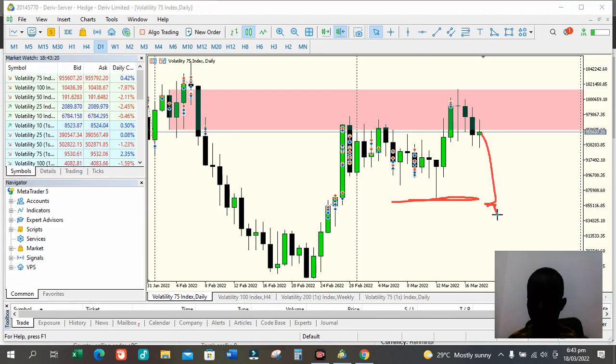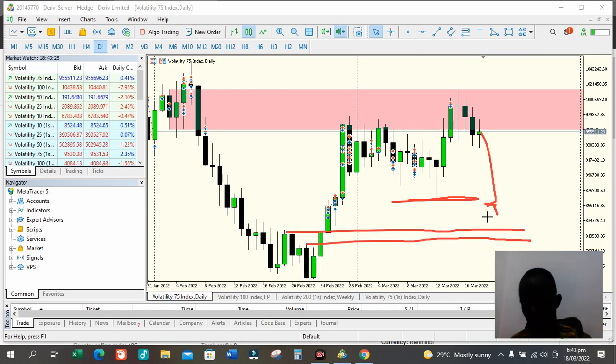When it breaks this low, I don't know whether it stops at this level or just after this level, I'll see where it goes. I want it to trade back to this point, and from here I'll watch the market. So that is my analysis.